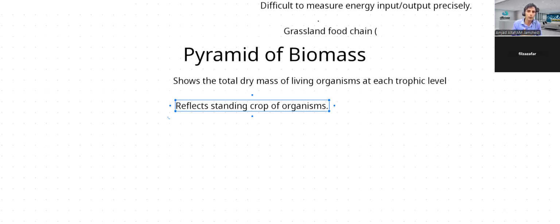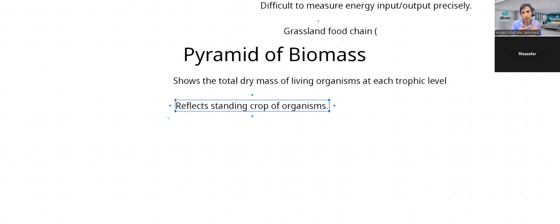So if you are providing the same amount of grass to both of these species, having the same expense at the base, which would you prefer? Definitely you would prefer cows, because cows are animals which have higher biomass.